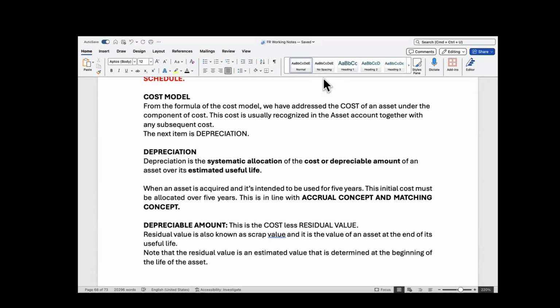Any value that you estimate can change, because you did your estimation based on the information available to you at the date of that estimate. When you have more information, you will update that estimate. So don't say that because it's the value at the end of the life of the asset, we wait till the end of its life. No, it's really determined right from day one.